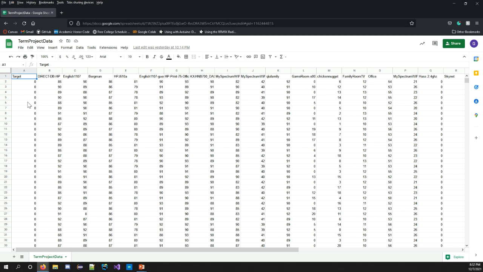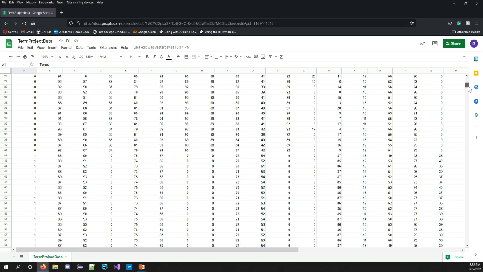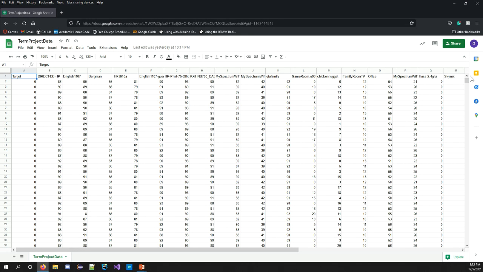So for target 0, the Wi-Fi network HUS 2.4 GHZ, there was no data coming from that. So I put zeros in all this so we get a nice even grid where every scan for every location has values for every Wi-Fi network.